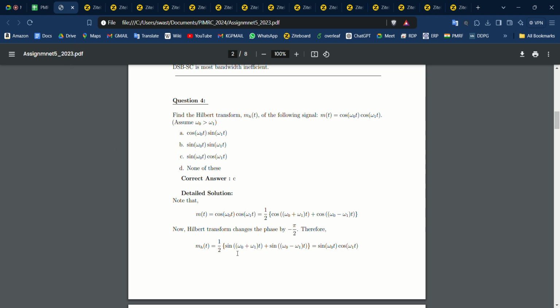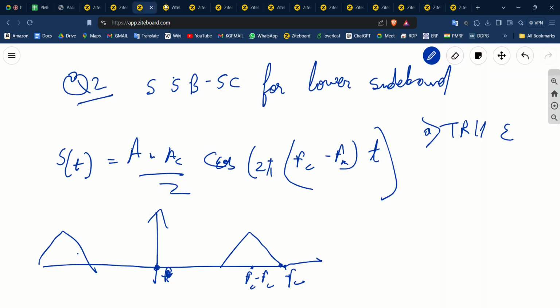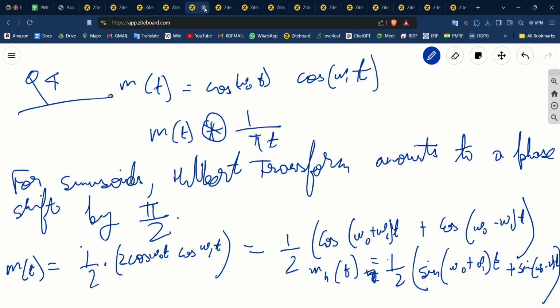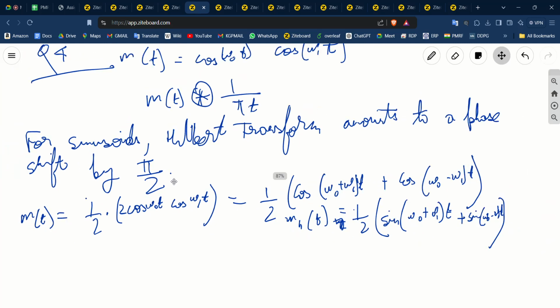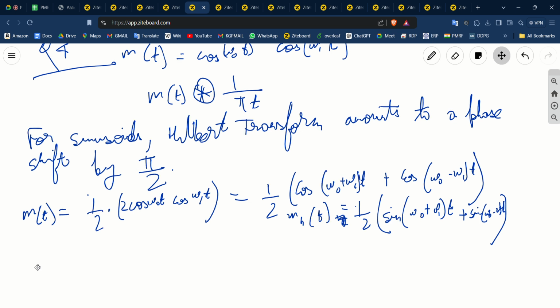Now let's use another trigonometric formula here. So mht we have is half of sine omega naught plus omega 1 t plus sine omega naught minus omega 1 t.